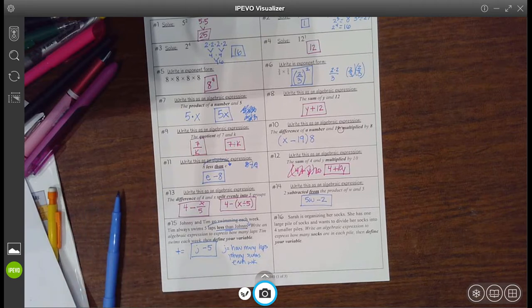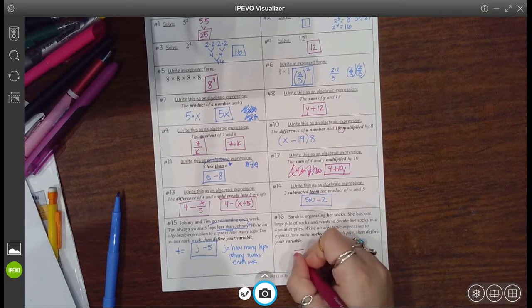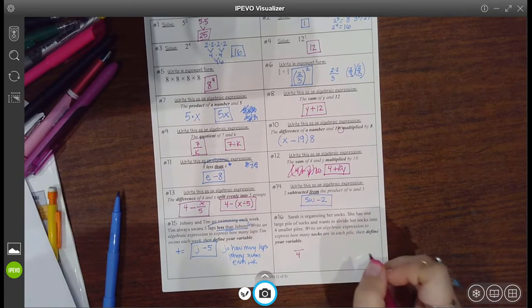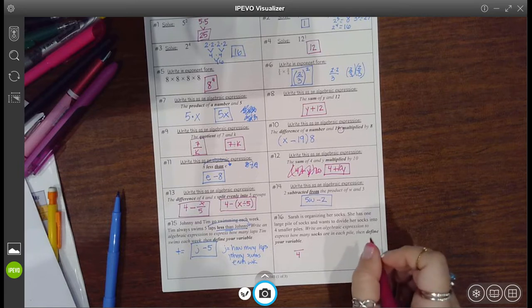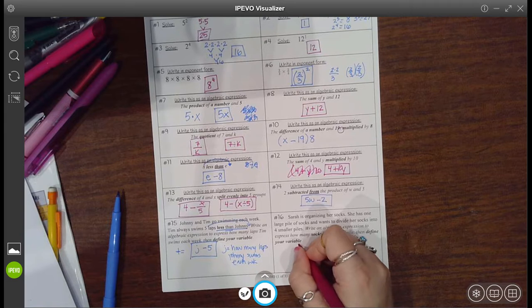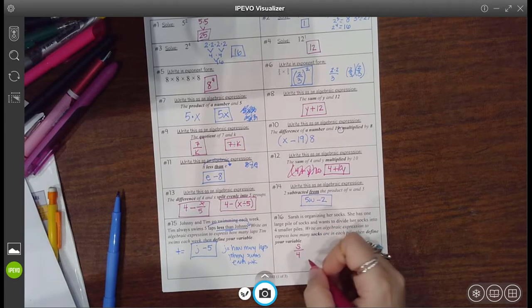Okay, the next one saying Sarah's organizing her socks. She has one big pile of socks and wants to divide it into 4 smaller piles. Write an algebraic expression to express how many socks are in each pile, then define your variable. So we don't know how many socks are in that big pile, but I'm going to divide it up into 4 groups.